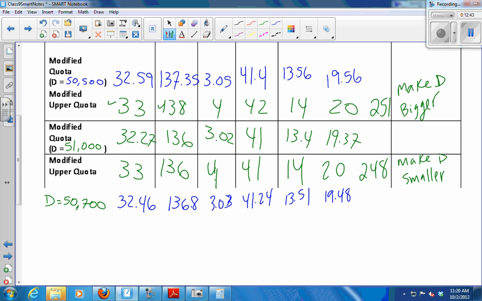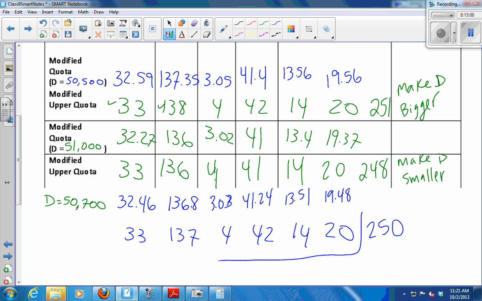Okay. So then when I round these all up, I get 33, 137, 4, 42, 14, 20, and that adds up to 250. So perfect. This is our final apportionment.